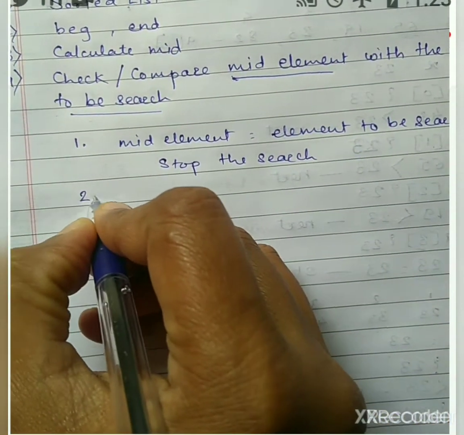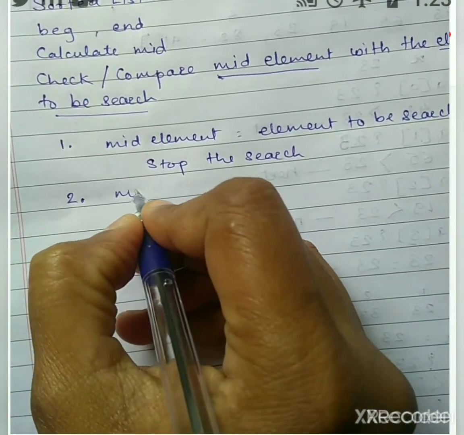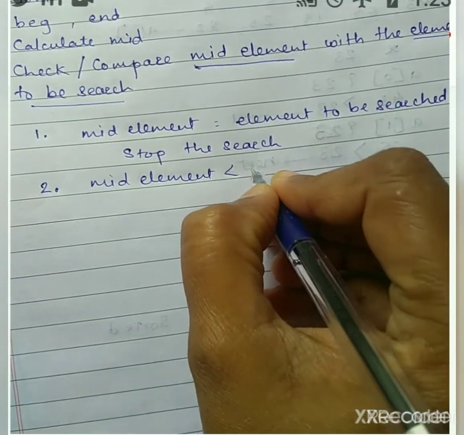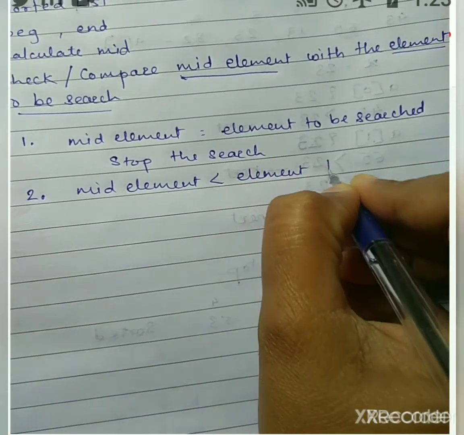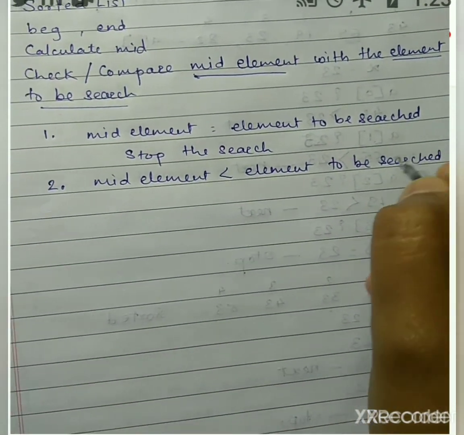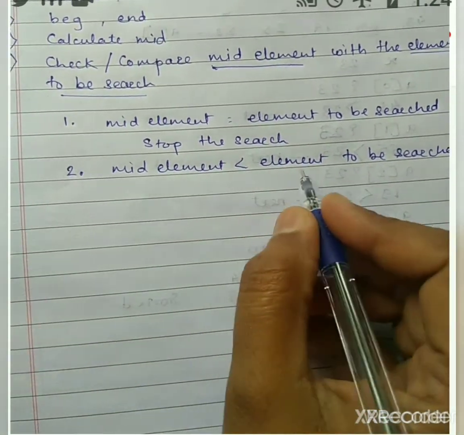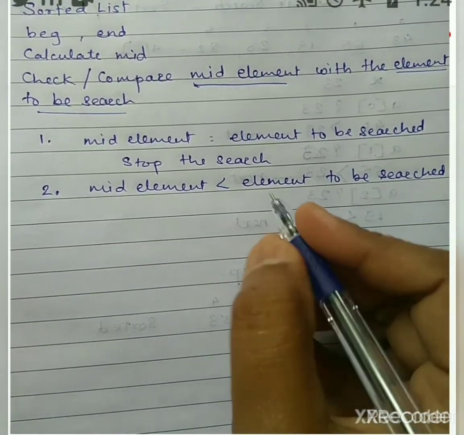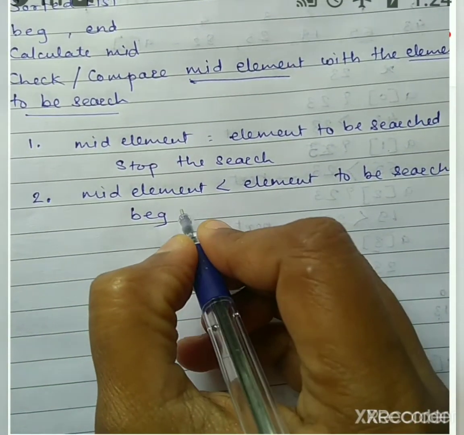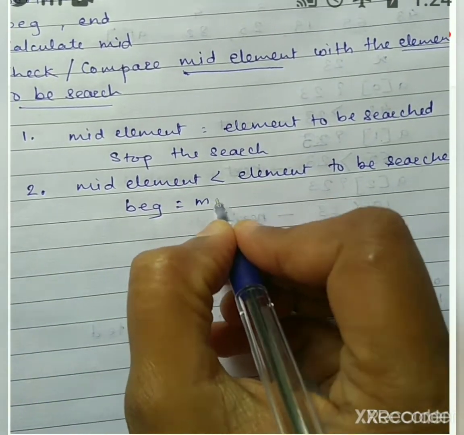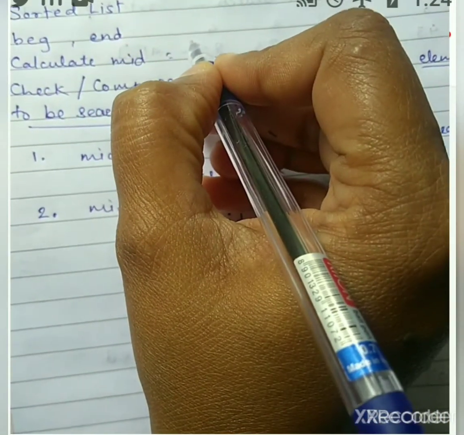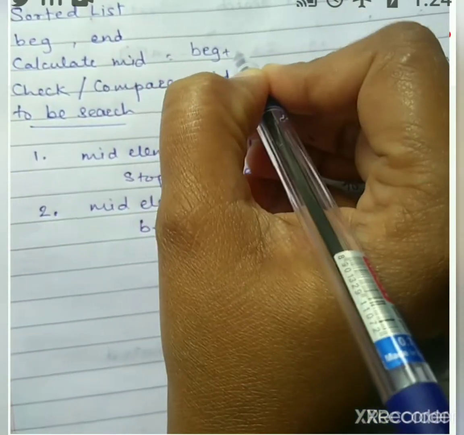Second, maybe the mid element is less than the element to be searched. When the list is sorted, and if this happens, that means the mid element is less than the element to be searched, here we have to change the value of the beginning. The formula for mid is beginning plus end divided by 2.